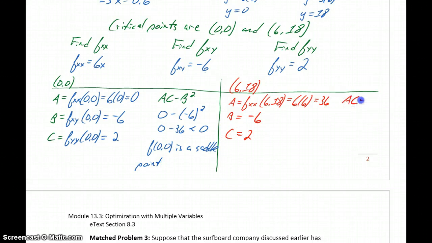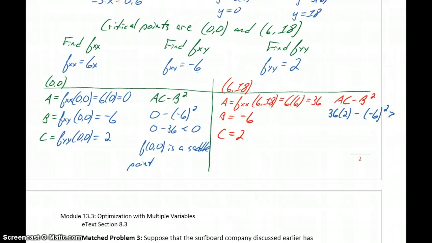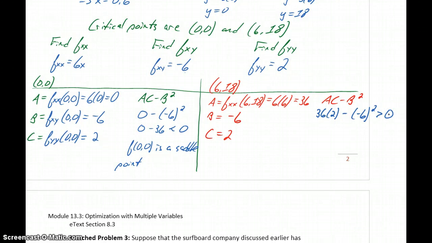So we'll look at AC minus B squared, which in this case will be 36 times 2 minus negative 6 squared. So that result is going to be something greater than 0. So then we need to consider our value A. So AC minus B squared is something greater than 0.